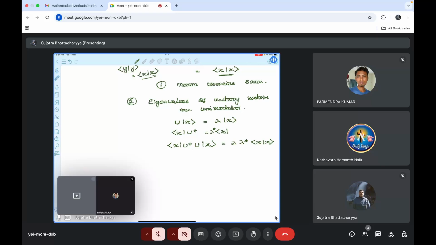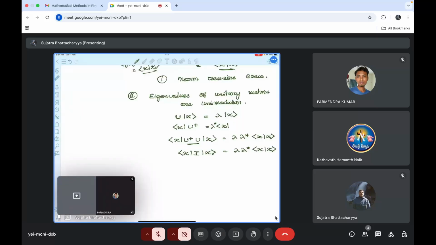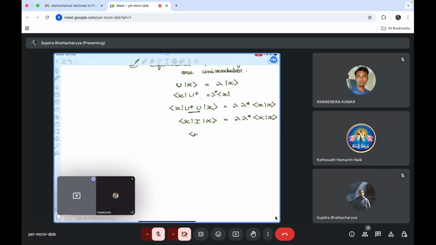Fine. What is the left hand side? U dagger u is what? Identity. So x I x. What is the right hand side? So this is nothing but x inner product with x. What is this? Lambda star lambda x inner product with x. So what finally we can write is that lambda star lambda minus 1, times x inner product x, should be equal to 0.